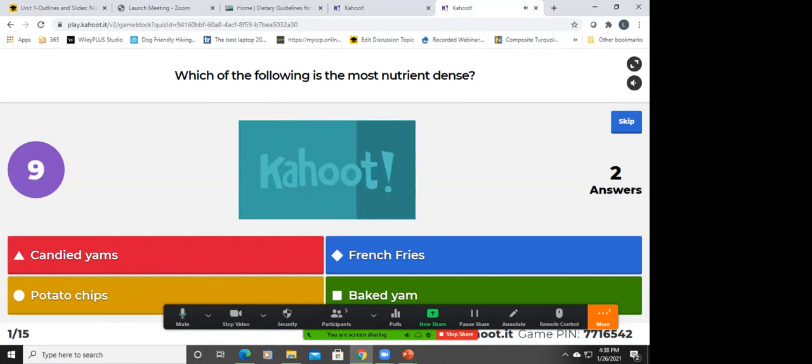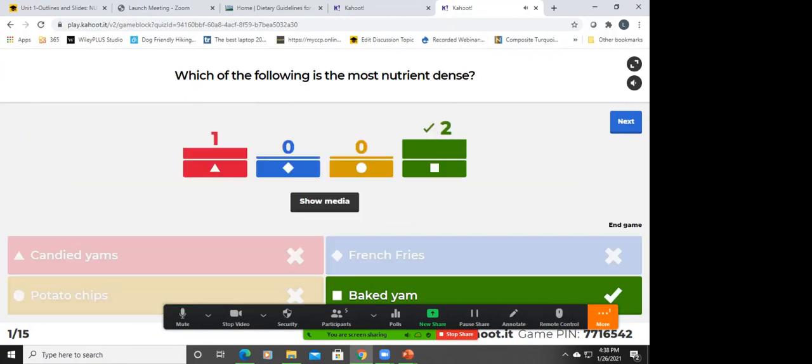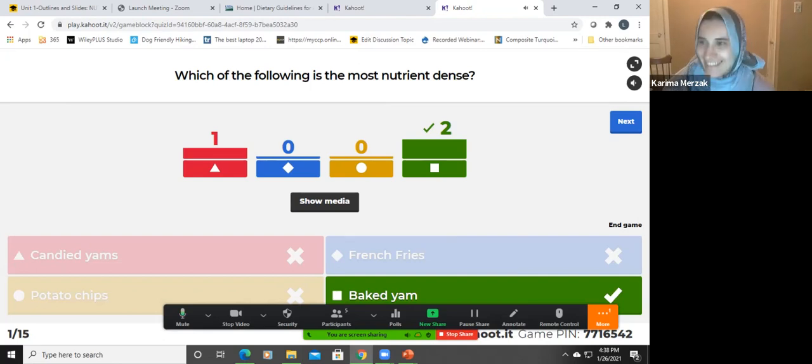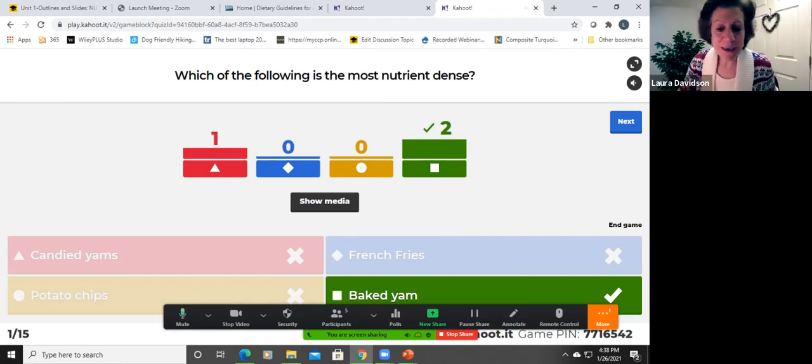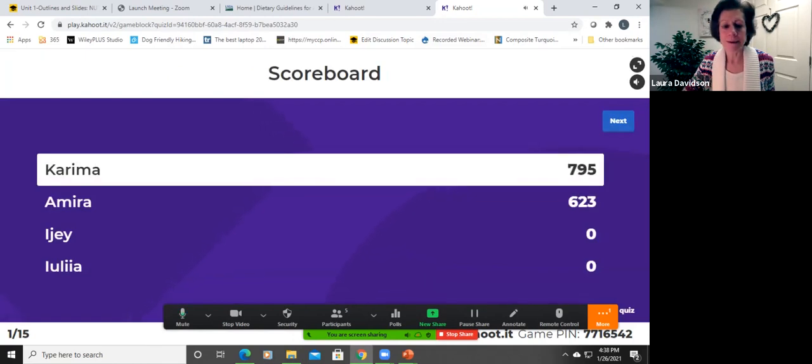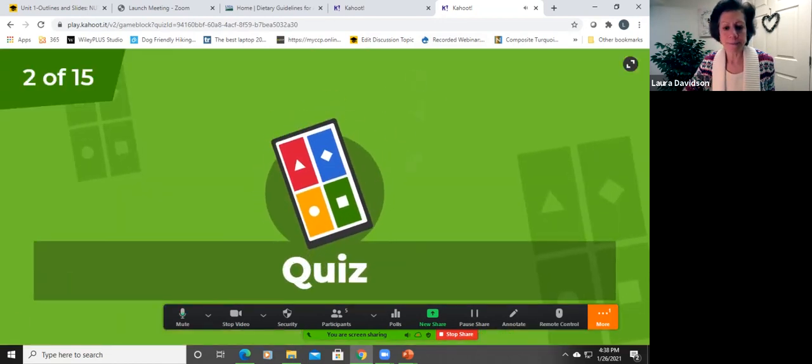I don't get it. What's the question? Which of these is the most nutrient dense? Okay. All right. So we had 2 correct answers, which is awesome. But this is a reminder that for the test, make sure you know what nutrient dense is. Some of these terms will come up again. All right, Karima in the lead.